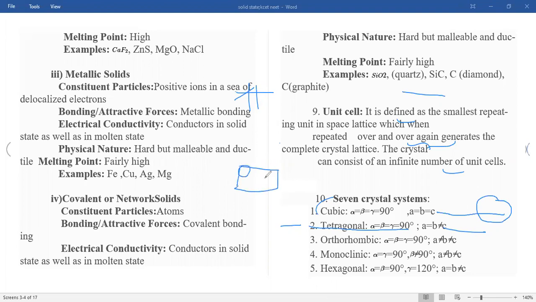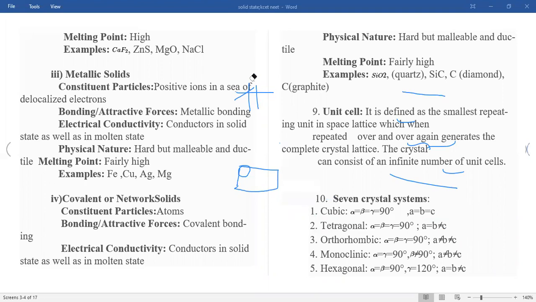So here the unit cells are the smallest repeating particles, which when repeated over and over again generate the complete crystal lattice. It consists of an infinite number of unit cells. And the questions you can get over here, dear students, are from the 7 crystal systems.